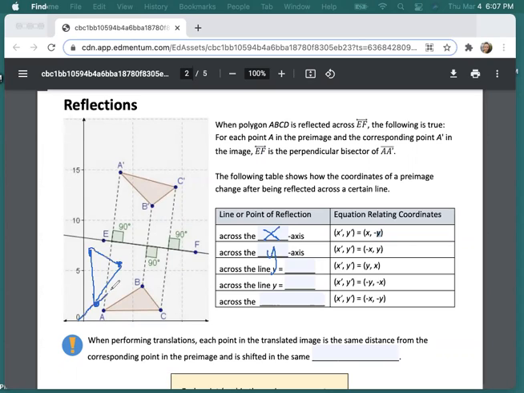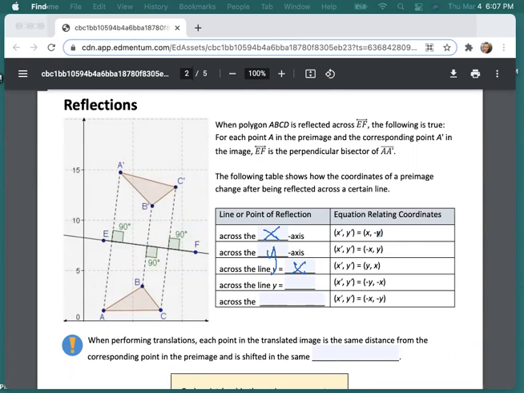So the line is right there. Where y equals x is where you would switch your x and your y values. I find it helpful to draw these.